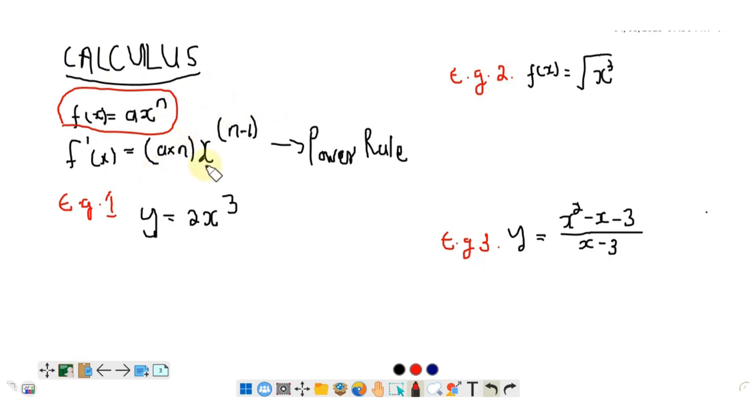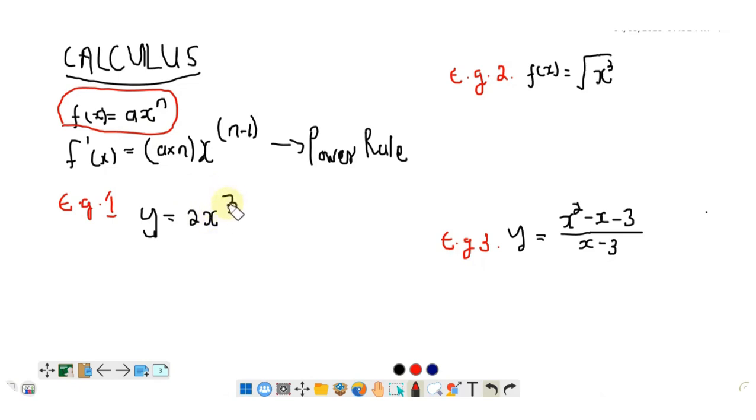If you have a function like this one, you see, y is equal to 2x cubed. So 2 represents what? The coefficient of this variable. And 3 is the power of this variable here, this x.